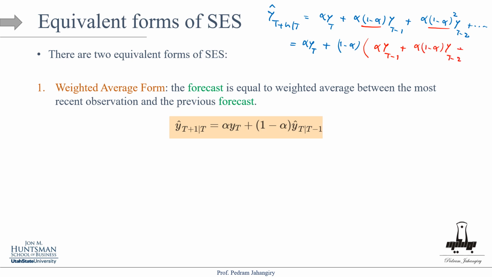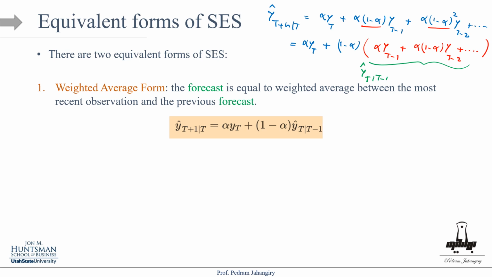Hopefully it makes sense. Now I want you to pause the video and think about this term. What is this? Yeah, this is the prediction for the last period. So this is your y hat t, given t minus 1, right?